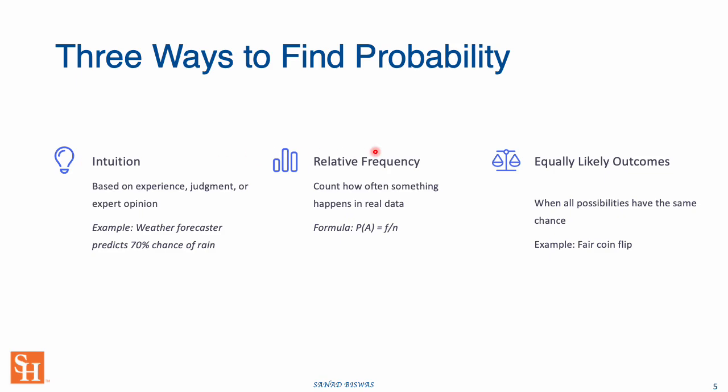We can also use relative frequency to calculate the probability, and later we'll discuss that in detail. And we can also calculate probability for equally likely outcomes, where all the events in an experiment have an equal chance of happening.